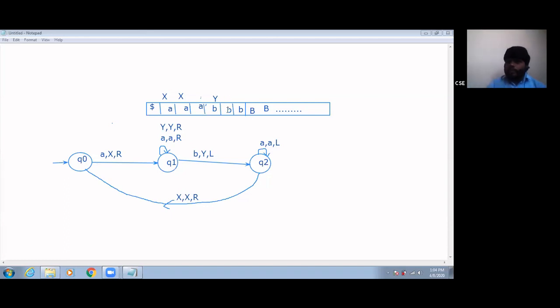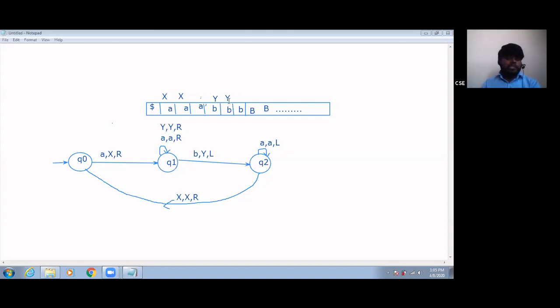What do you encounter? You encounter B. This B I am writing as a Y, and I am moving left-hand side, and at state Q2. Now see here, at Q2, while moving left-hand side, what is there again?